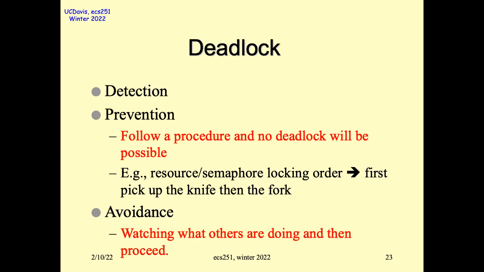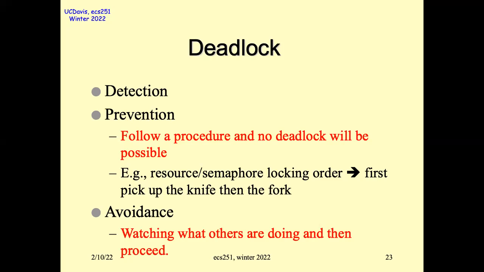If everybody picks up the knife first before they pick up the fork, there's no way you're going to have a deadlock. So you don't care about other people's status in their eating. As long as you follow the ordering, there is no deadlock possibility. Okay, so this is called deadlock prevention.